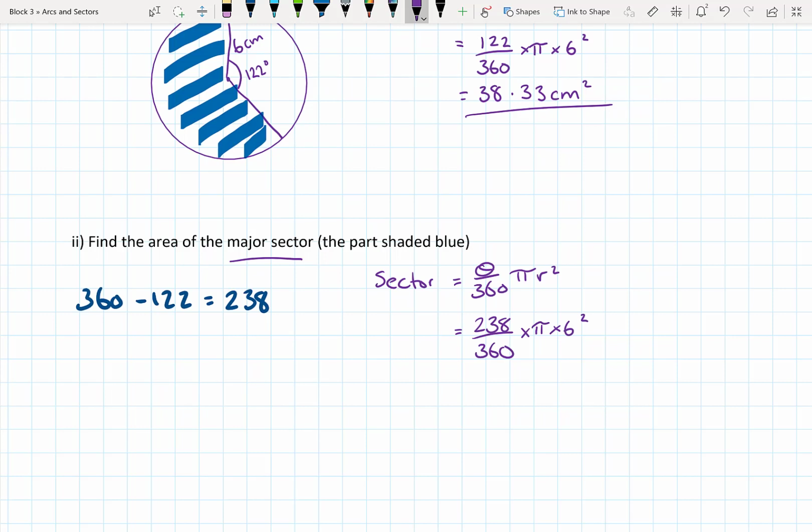We don't have to simplify it in order for it to give us the answer. And so just like last time, we're going to type in 238 divided by 360 multiplied by pi multiplied by 6 squared, and we get a sector area there of 74.77 square centimeters.